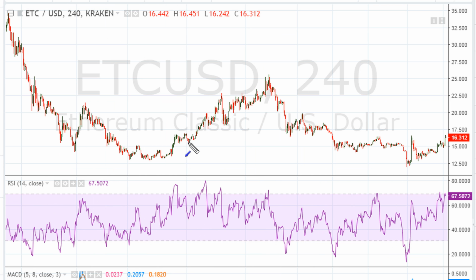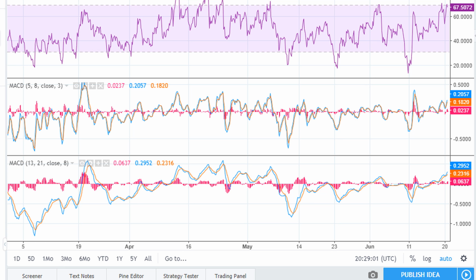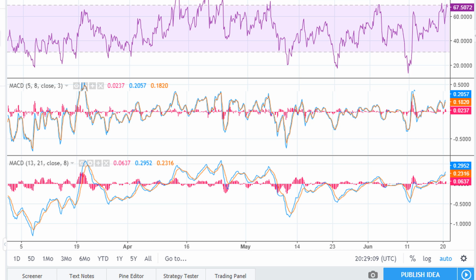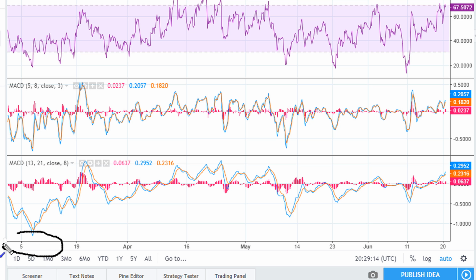Now if you go outwards again, even beyond the current data, going back to March, as you can see, this is in March of 2018.